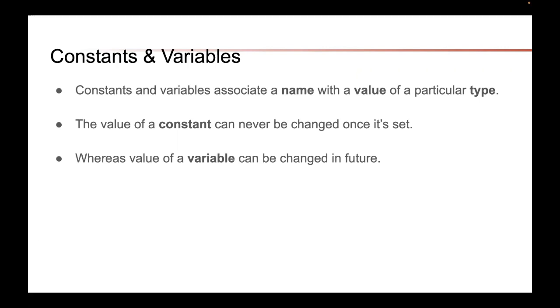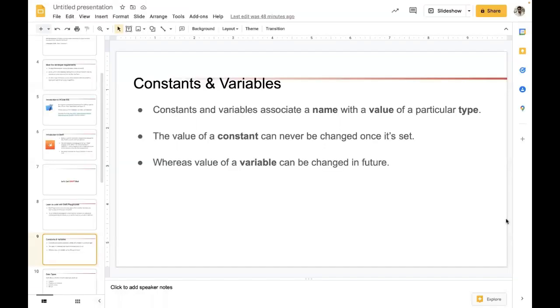The difference between a constant and a variable is that a constant, once defined with a value, you can never change its value. It's a constant. While a variable, if defined, you can change its value later in future. We will see that clearly in the playground.